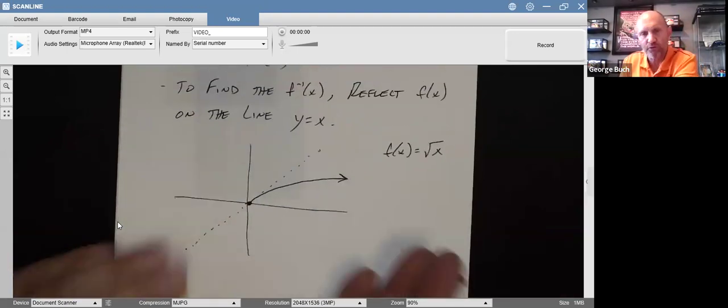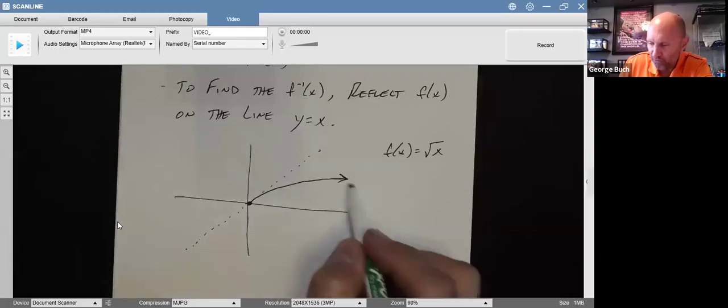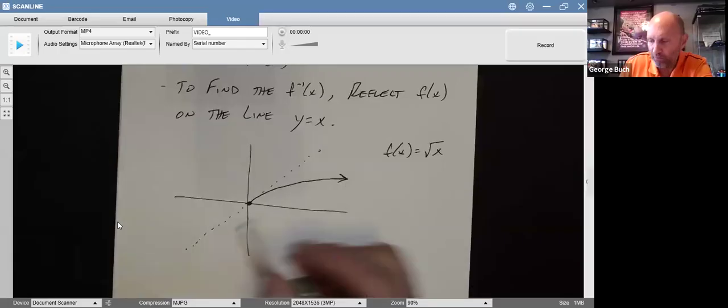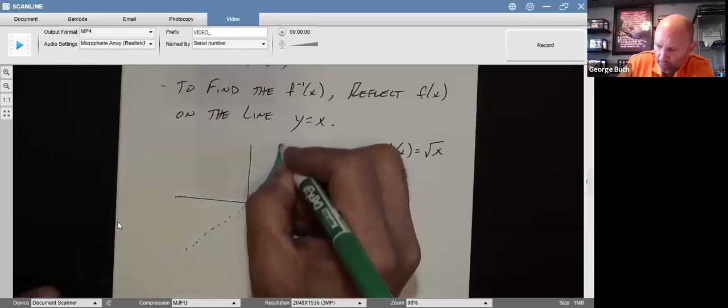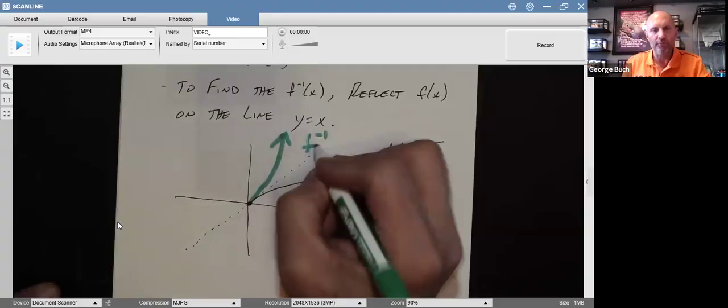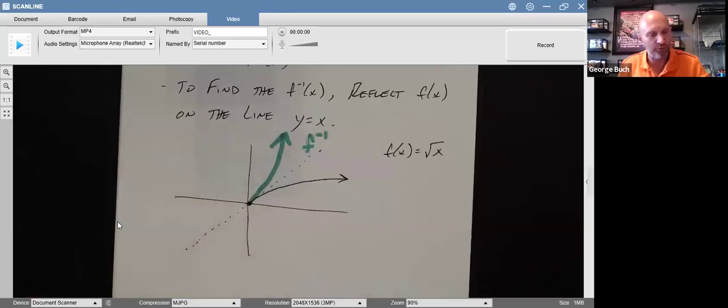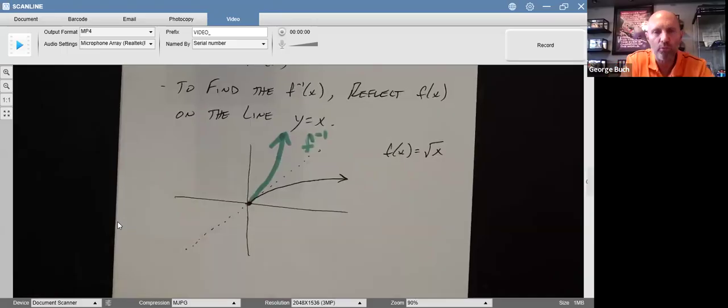Basically, if I took this piece of paper and folded it in half, wherever this line ends up, that's where the f inverse is. So in this case, it's going to be this picture here. This is f inverse. Without even calculating it and plotting points, I know that's what the graph of f inverse looks like, because it's whatever is reflected across this line y equals x.